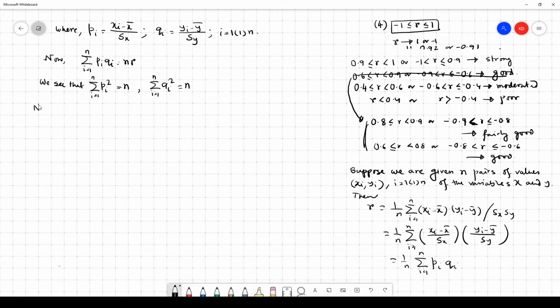Now, we know a sum of squares is always greater than or equal to 0. Therefore, the sum over i from 1 to n of pi plus qi whole square is greater than or equal to 0, because squares of real quantities are non-negative.